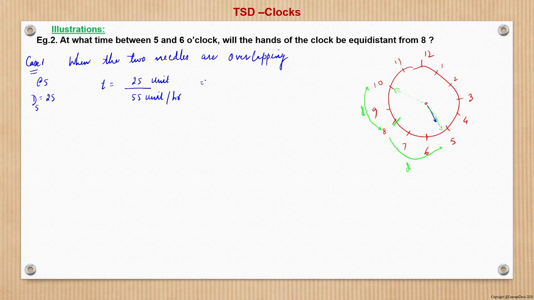So what will this be? This will be nothing but 25 upon 55 into 60. So this is nothing but 12 into 12 by 11, 24 minutes.